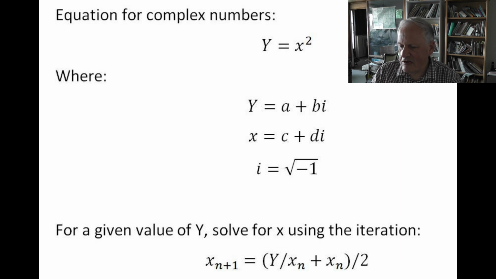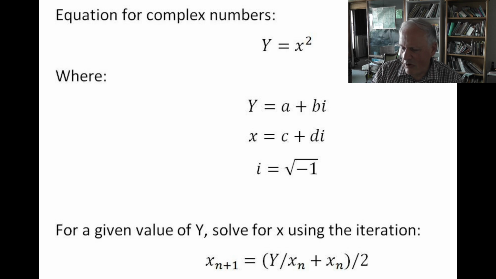As you can see from this slide, y now becomes real part a plus b times the square root of minus 1, i. And similarly, the solution is x equals c plus d times the square root of minus 1.